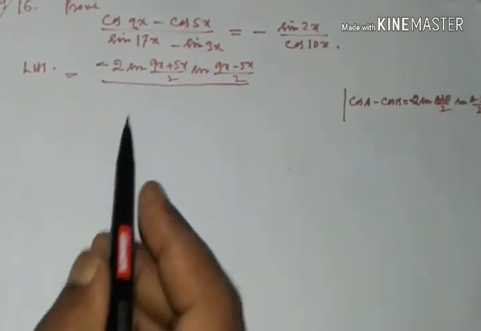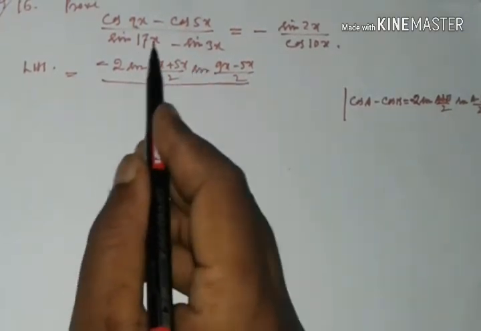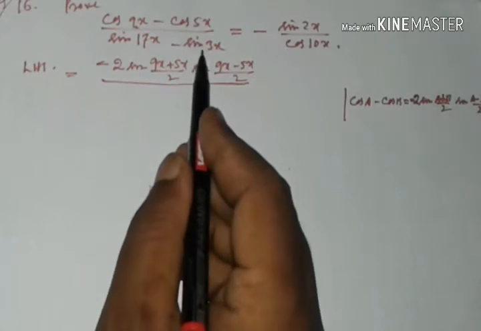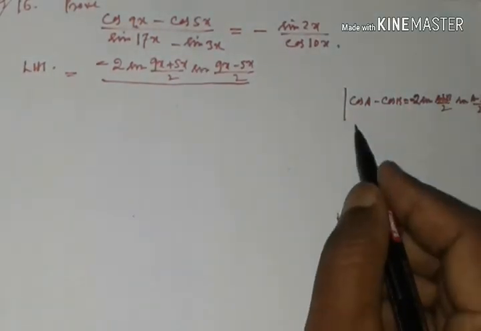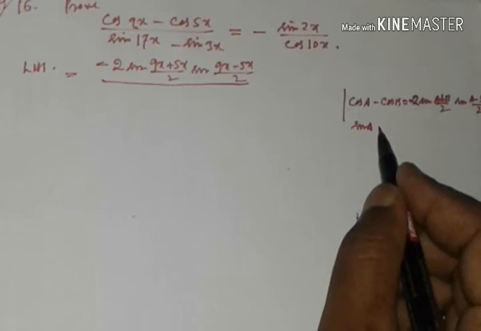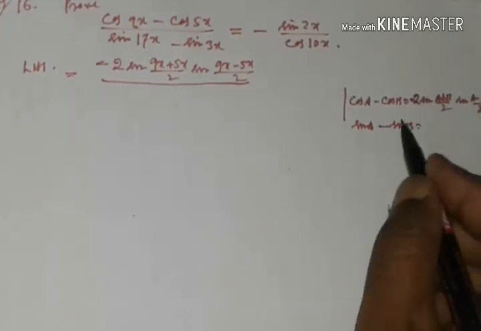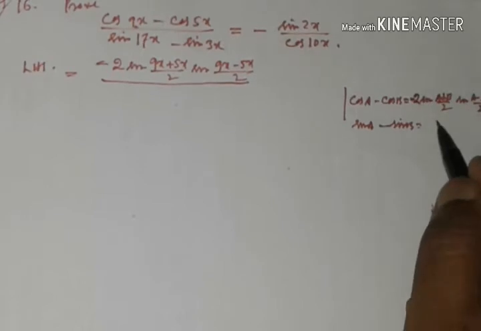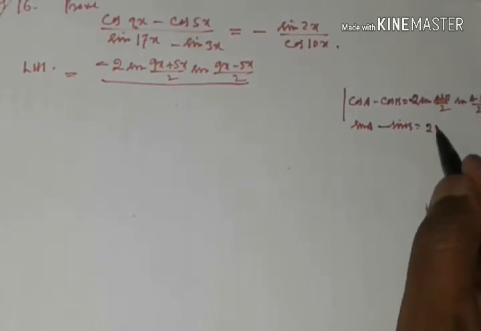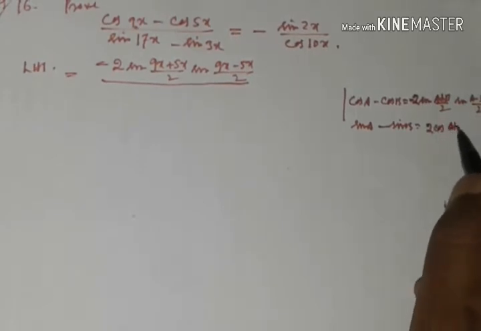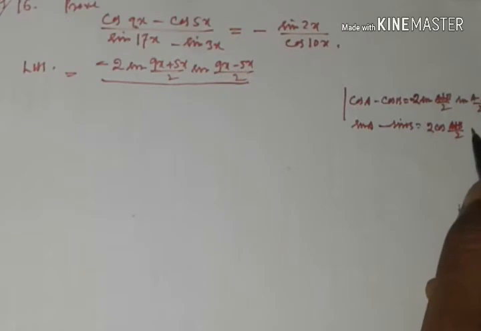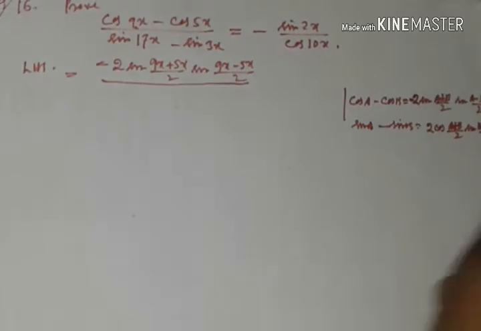In the denominator there is sin 17x minus sin 3x. It is also a formula, sin A minus sin B. We have got already that this is 2 cos (A plus B)/2 sin (A minus B)/2.